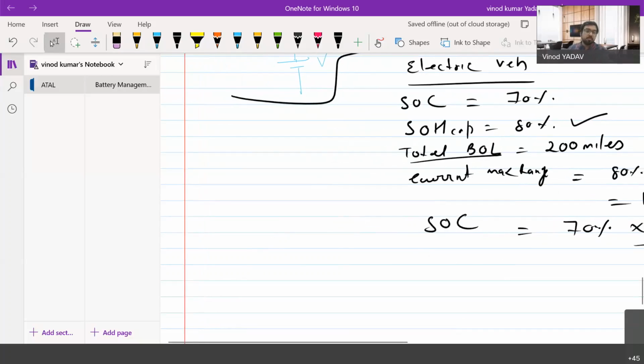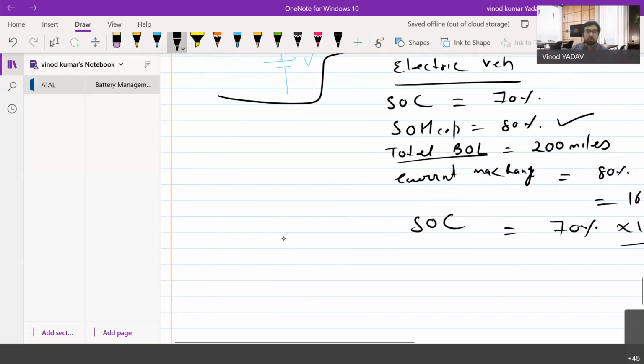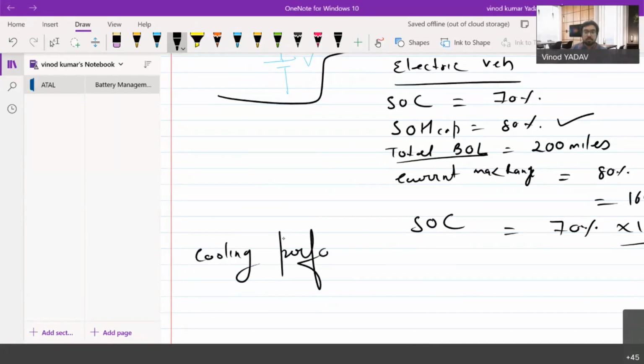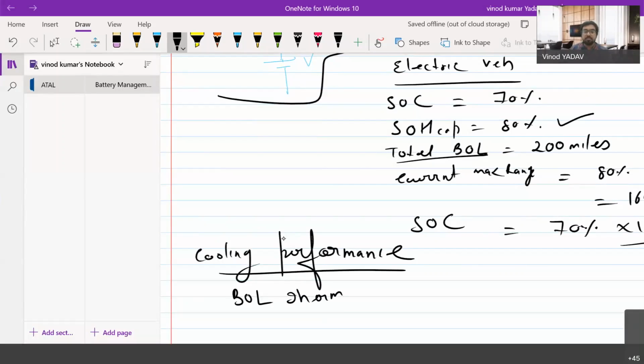And to check the cooling performance, or the thermal performance, let's just say at the beginning of life the thermal limit, taking the same example, is 10 minutes.